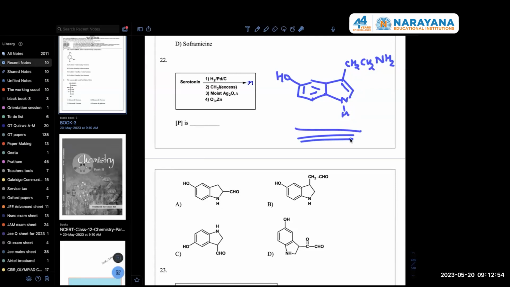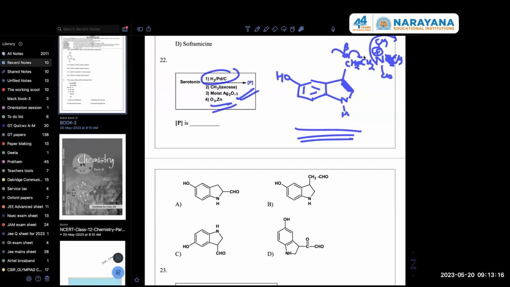Okay. So H2/Pd-C, the double bond is reduced. Then CH3I will make it N(CH3)3, H replaced, and it becomes a leaving group. Now use moist Ag2O, so the beta H will be given back, it will give OH minus and then release this. Here we will get a double bond.